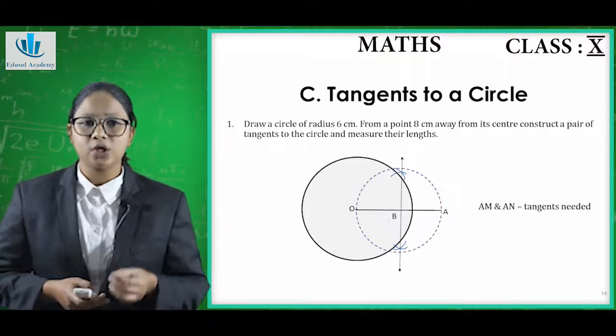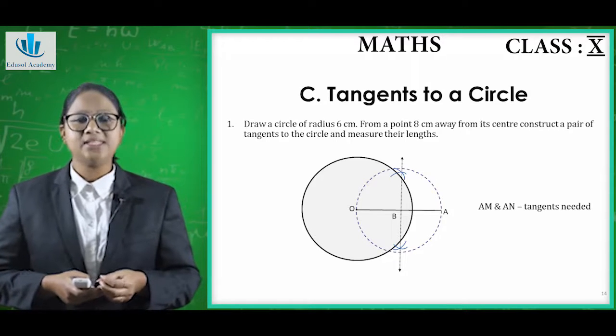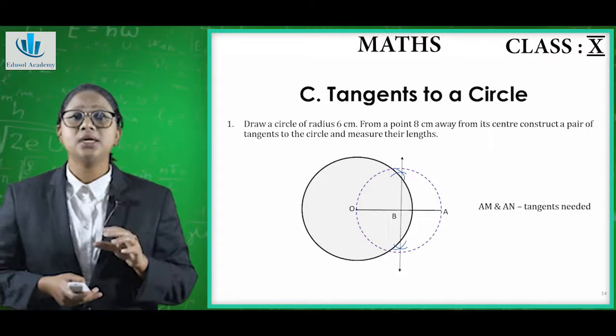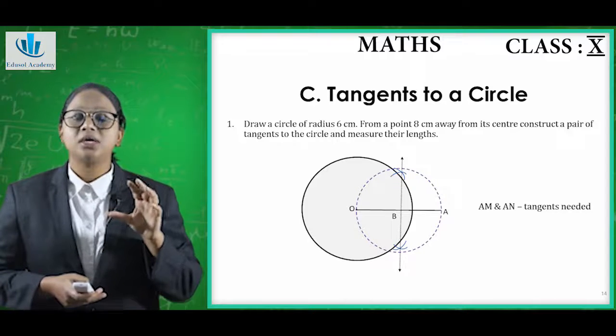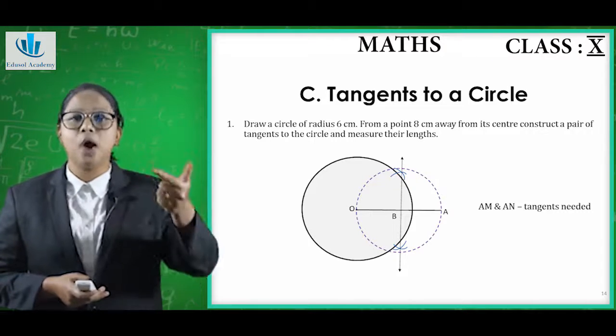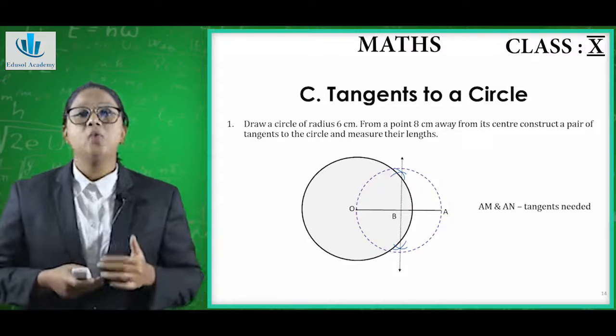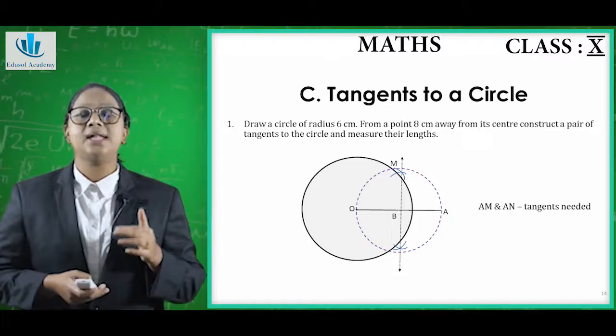You may use dotted lines. Now we can see the new circle is touching our given circle at 2 points above and below OA. We can name those points M and N.